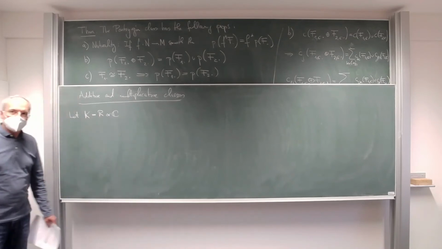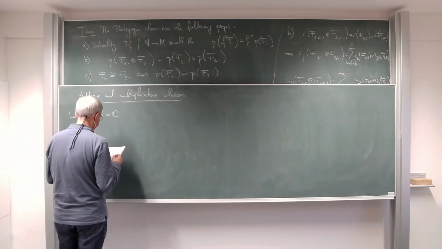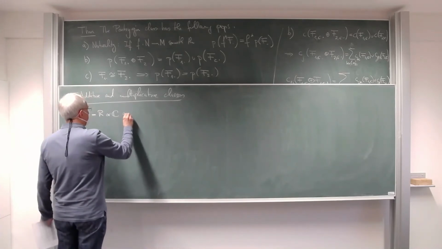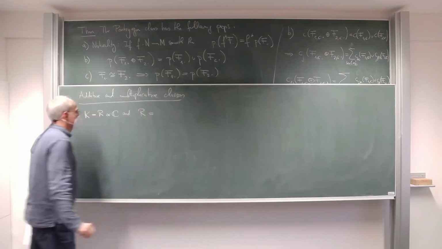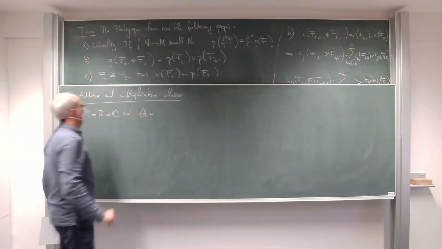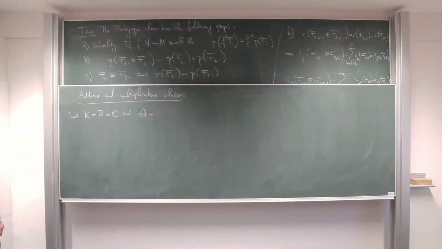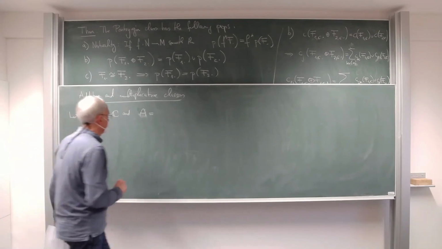I could do it actually over any field of characteristic 0, it wouldn't matter. So let me fix that, and let A be a graded commutative algebra, or rather commutative graded algebra, I should say.